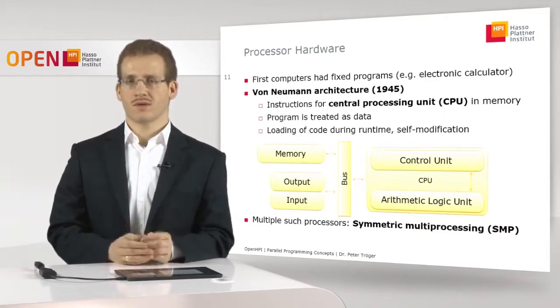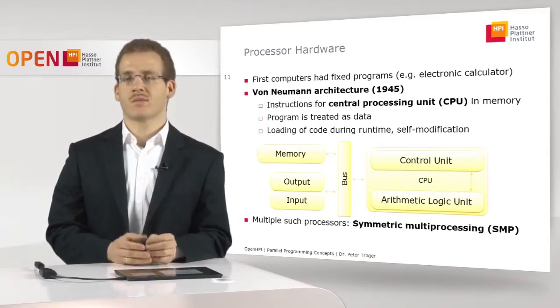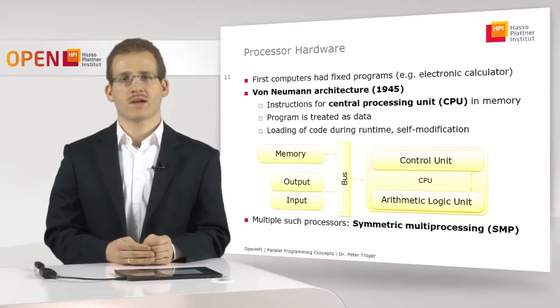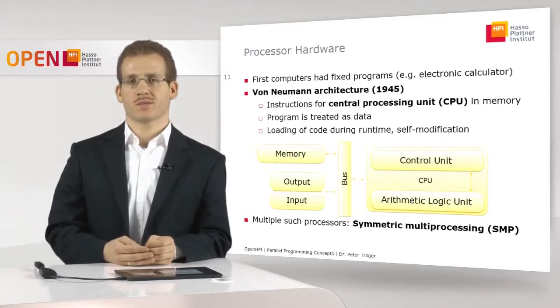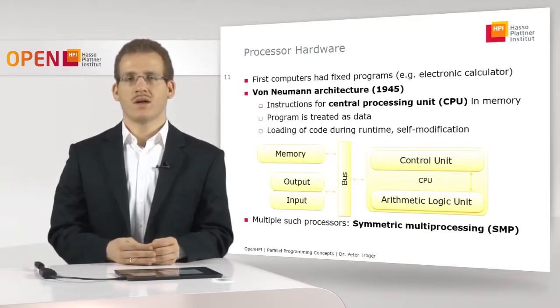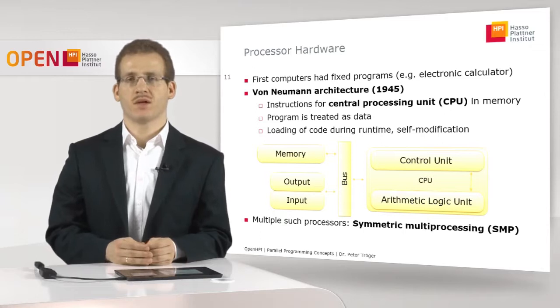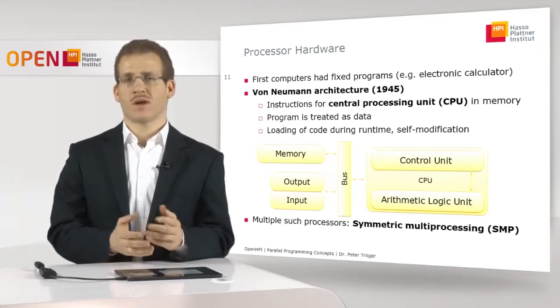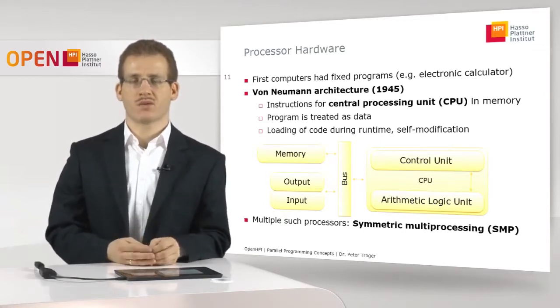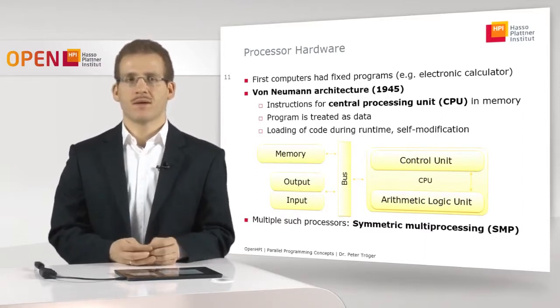So the code, the software itself lives beside the data to be computed in the same memory. This was a novel idea then, because before we had only systems with fixed programs that were burned into or built into the hardware and were not exchangeable. With the von Neumann architecture, we were now able to exchange the code to run different programs on the same piece of hardware in order to have a flexible machine for different tasks.